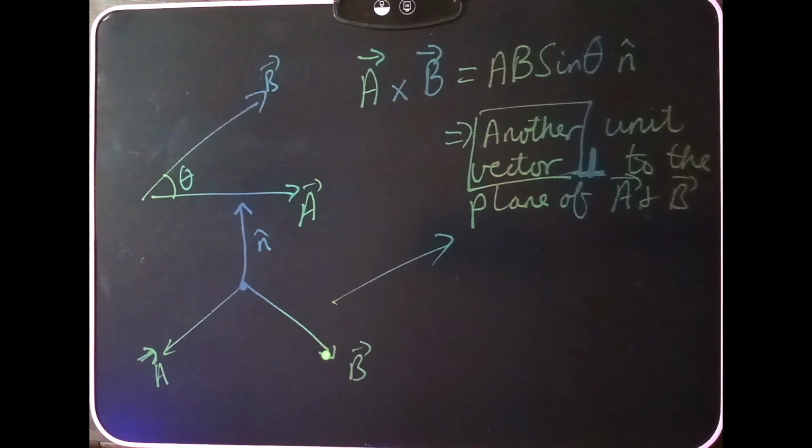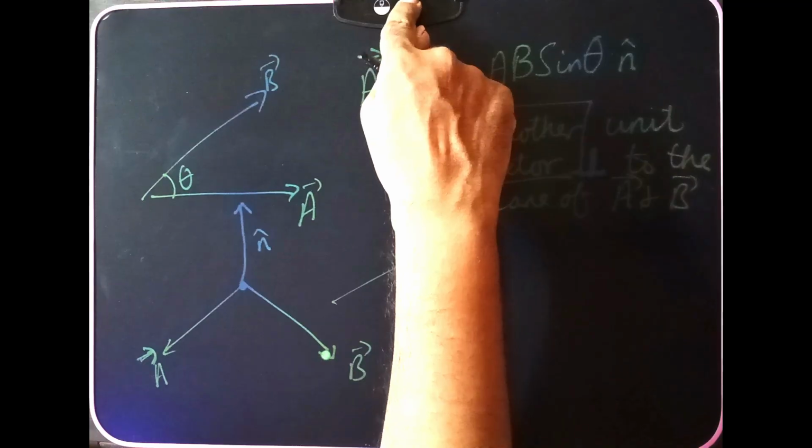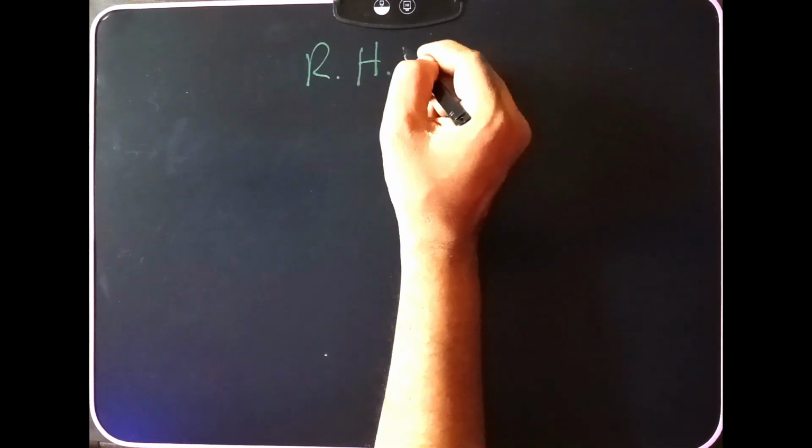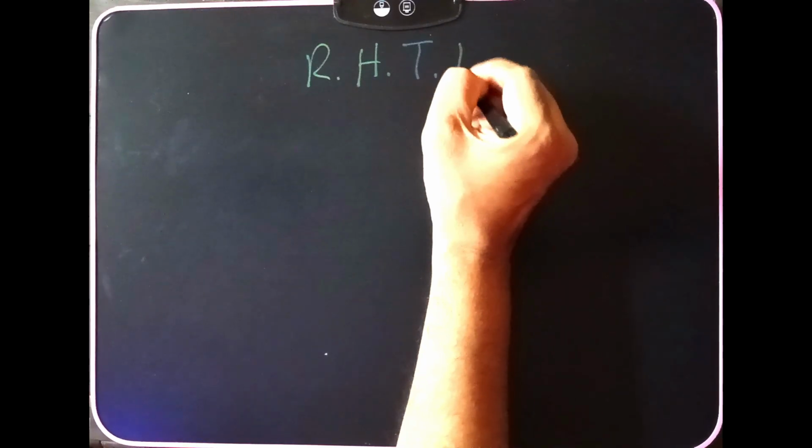So we can use the right hand thumb rule here to identify the third vector. So let us see how to use the rule. To find the direction of the third vector, we are going to use the right hand thumb rule.